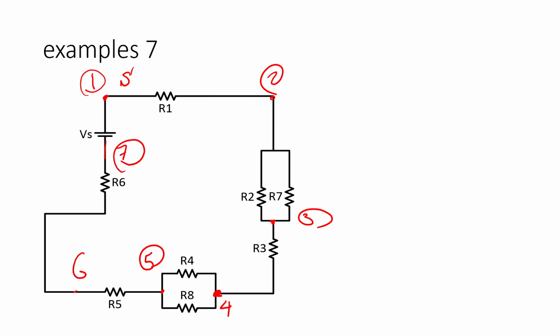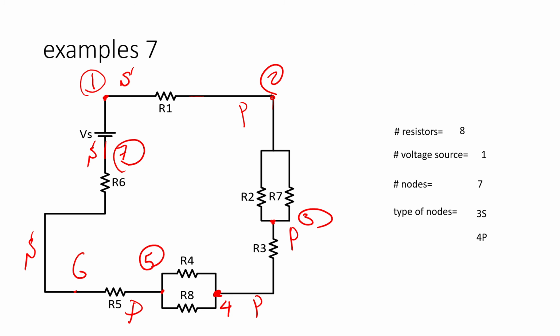This one is another S, another S here. Here is P, 2 P, 3 P and 4. So we have 4 P and 3 S nodes in this circuit.